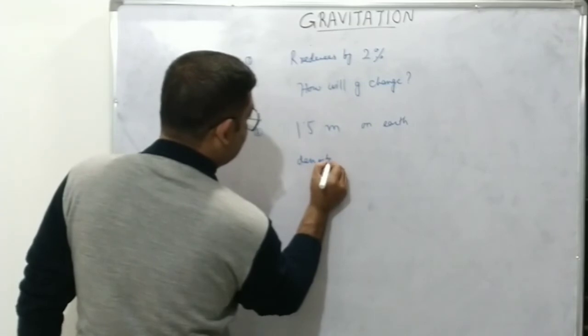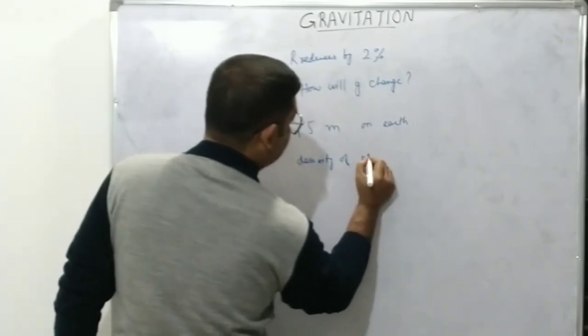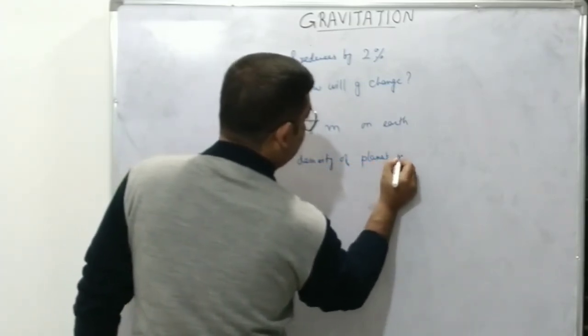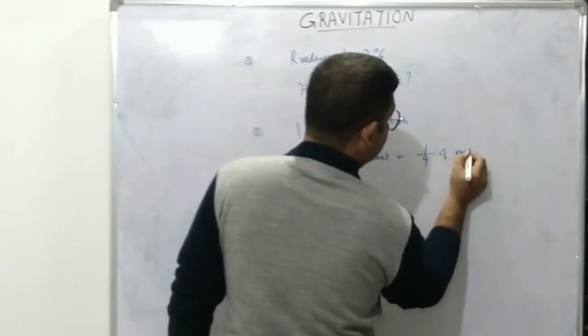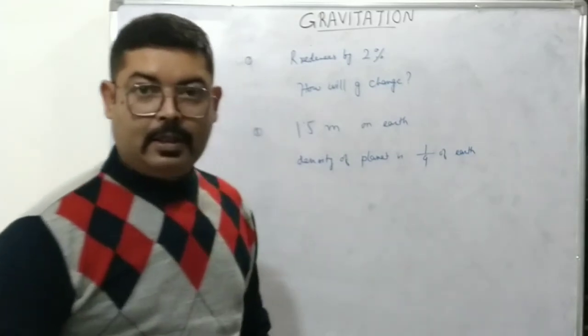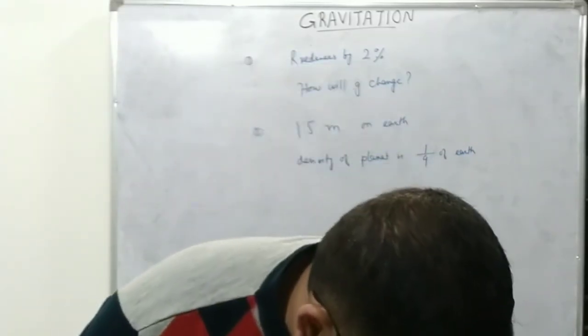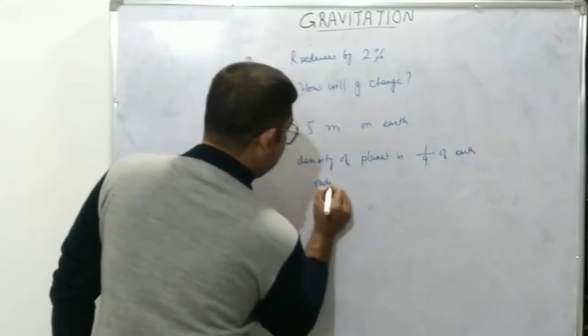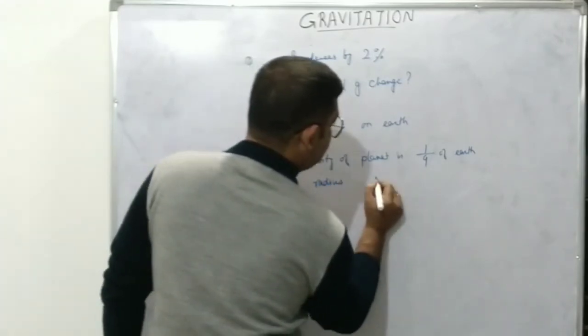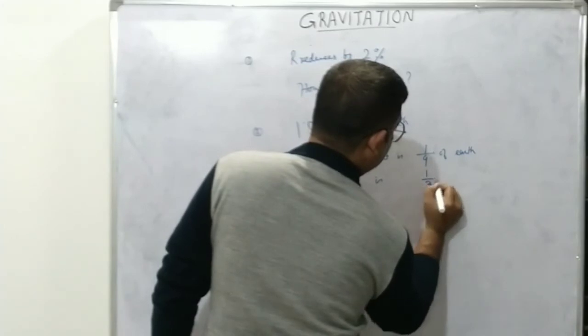Density of the planet is 1/4 of Earth's density, and whose radius is 1/3 of Earth's radius. Radius is 1/3 of Earth.